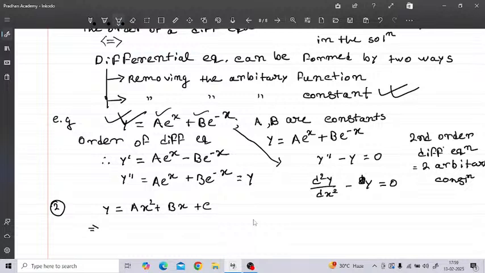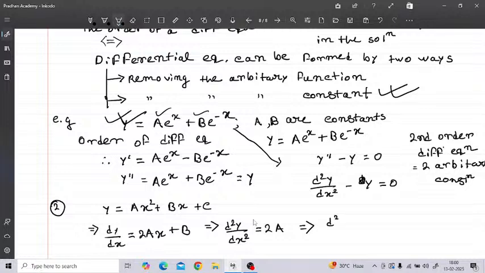So after the first differentiation, first order derivative, we are getting 2ax plus b. As the derivative of a constant is 0, c will be removed. Again differentiating it, we will get d²y/dx² equals 2a, plus b will be 0 derivative.